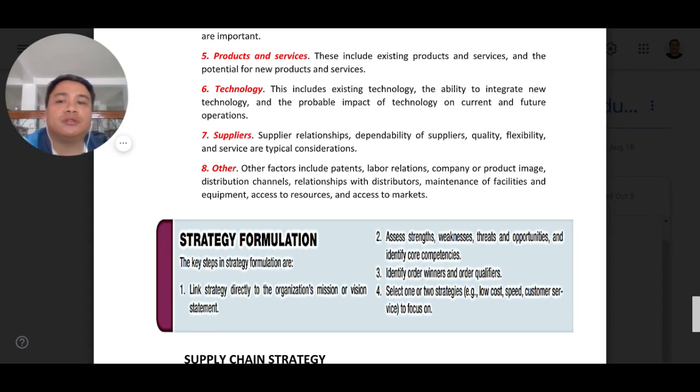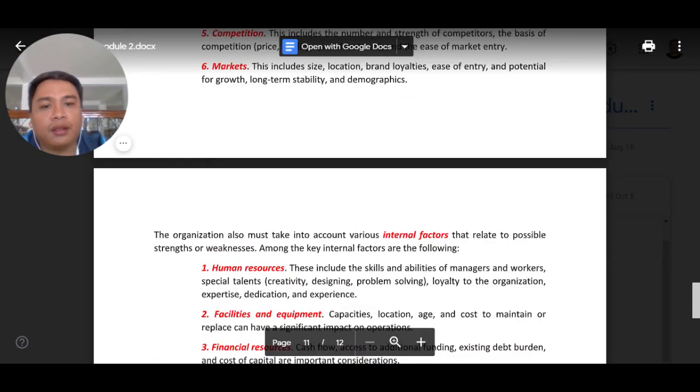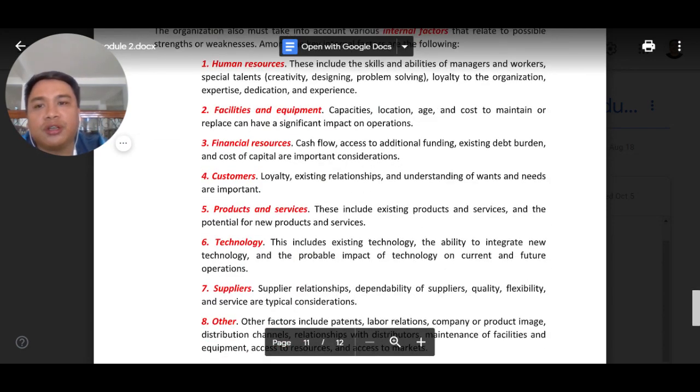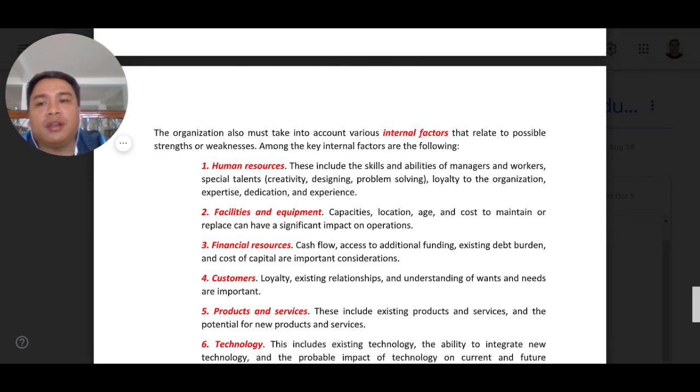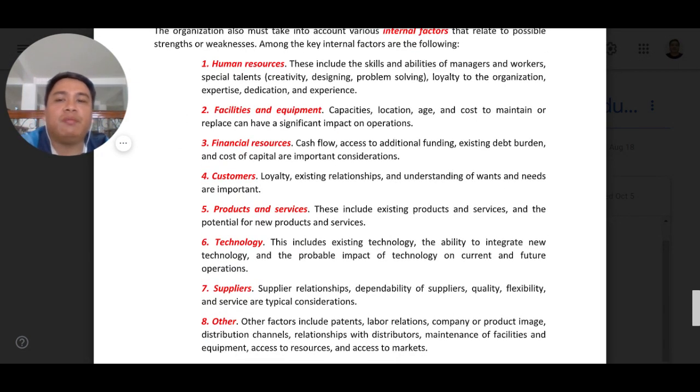Consider your distribution channels or your other resellers. Relationships with distributors, maintenance of facilities and equipment, access to resources, and access to markets. These are the internal factors we consider in identifying the possibility of our strengths or our weaknesses. So this is where we base it.